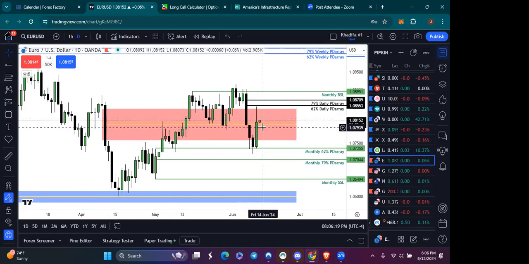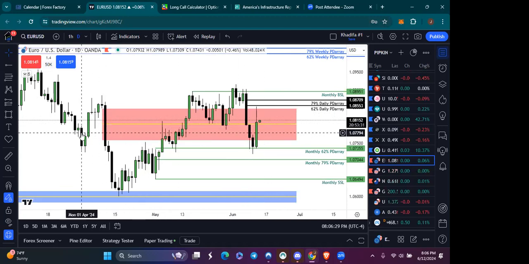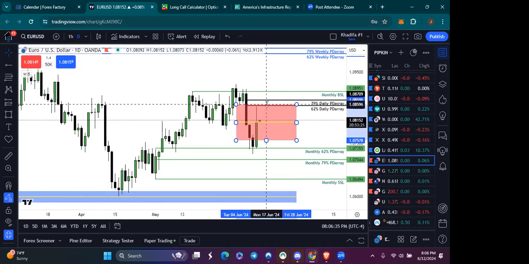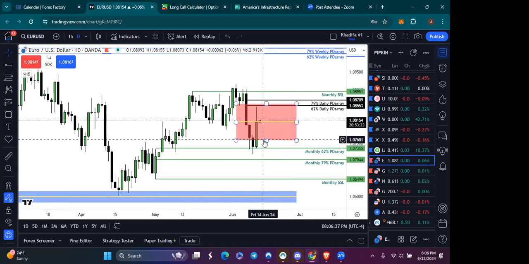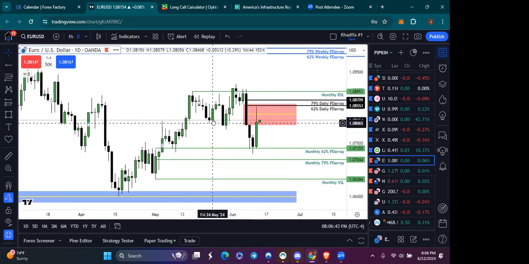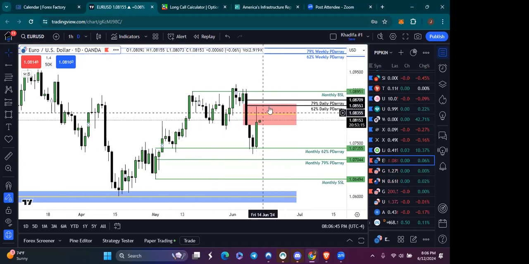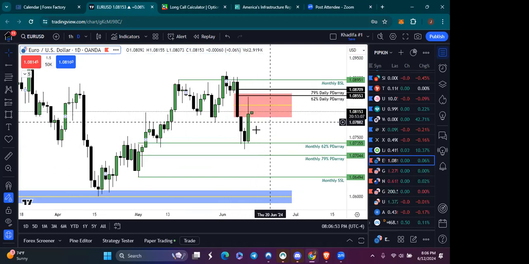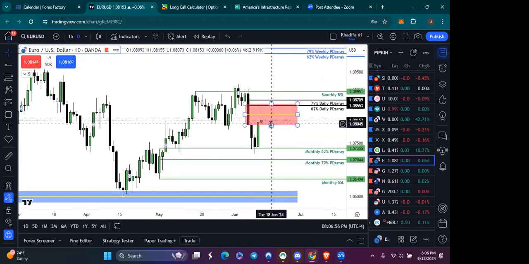But like I said, let's see how price plays out throughout the rest of Asian tonight, going to London, whether we're sitting inside, above, or below this fair value gap when the New York markets open in the AM. All right, so let's just monitor price throughout the rest of Asian and going into London.